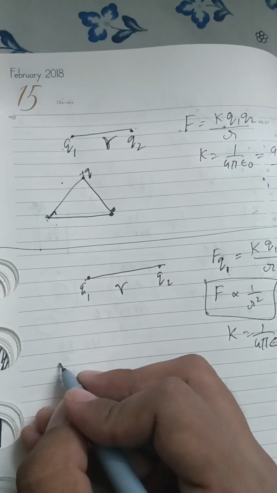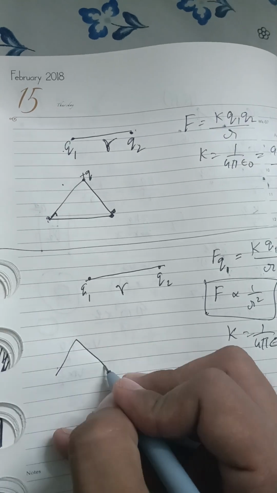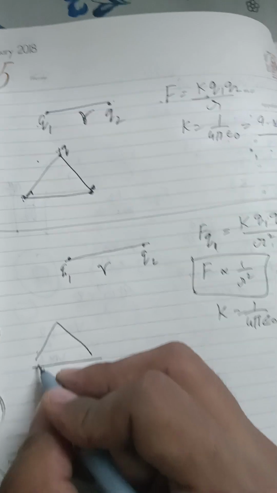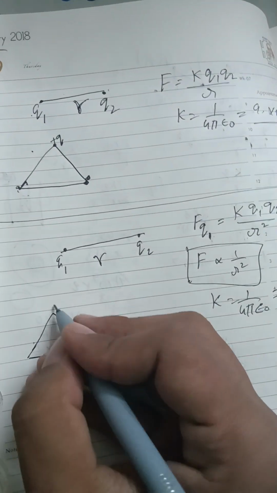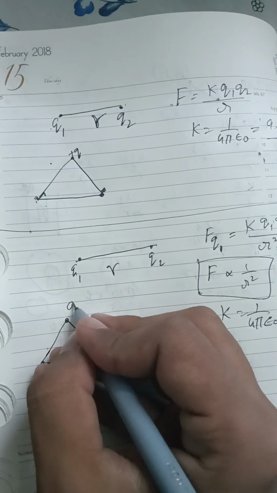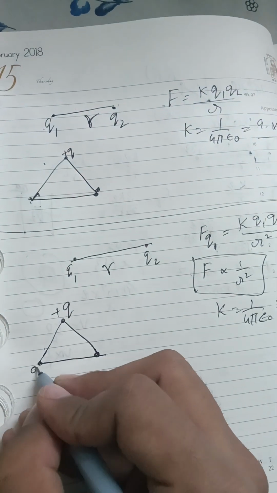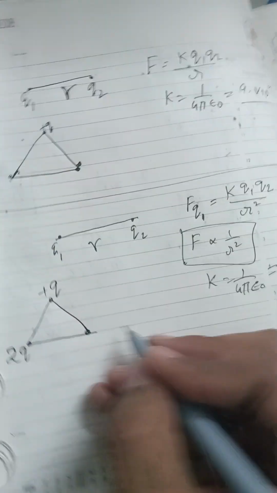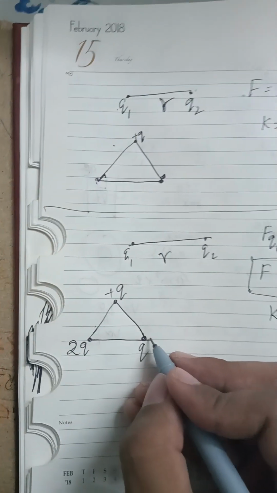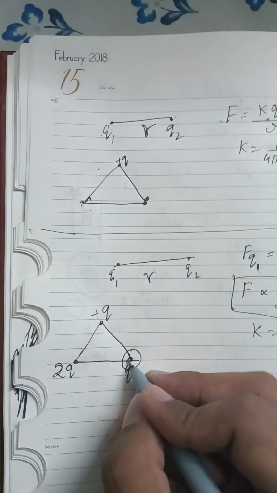Now in this, how will they ask questions is like they'll give a triangle. I can't see the triangle though. So here they'll place three charges, q, 2q, and here q. They'll ask what is the force experienced by this particle. So what do you have to do?